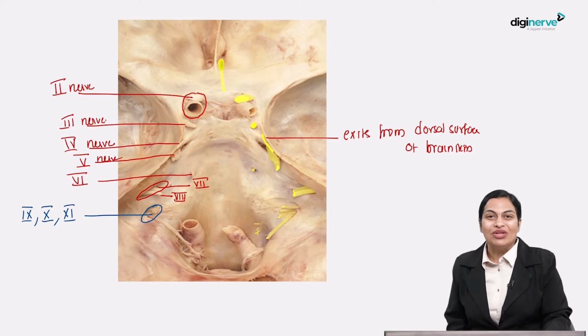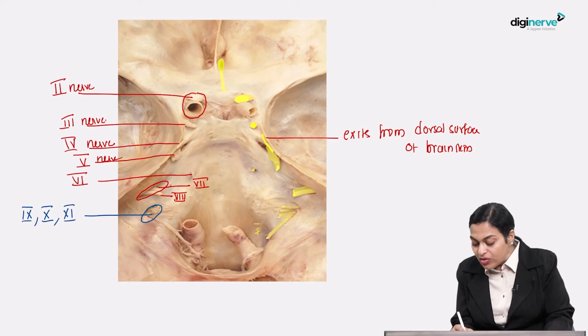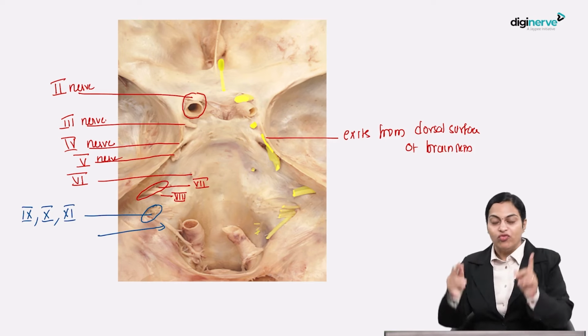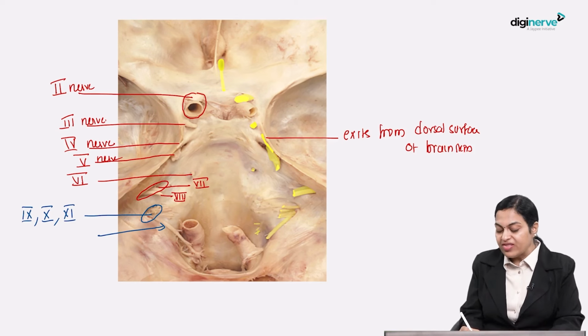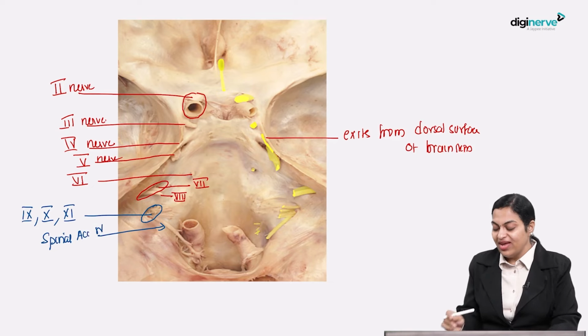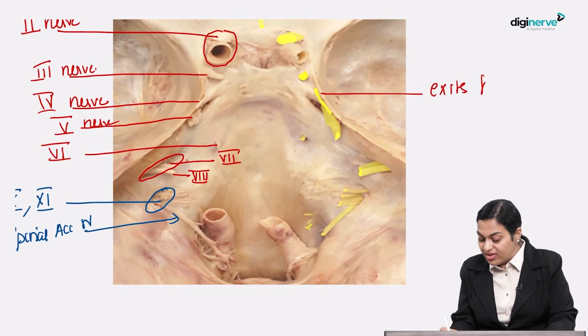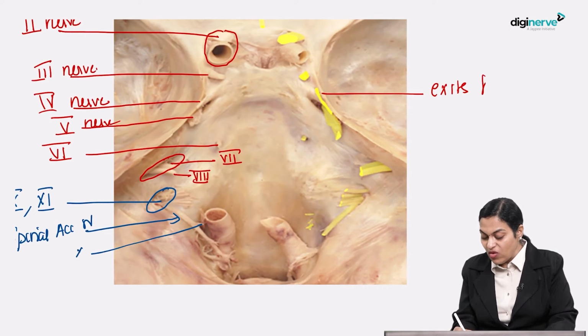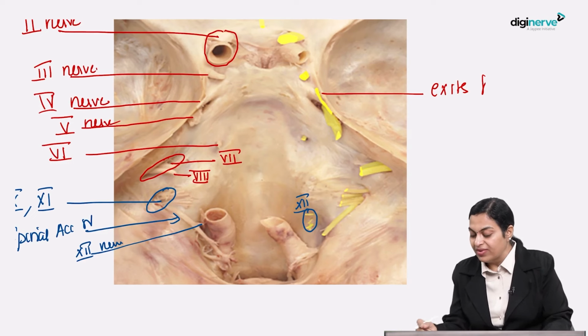What are the two components of the accessory nerve? Cranial and spinal. This root, can you see here, coming through the foramen magnum and joining some nerve in the jugular foramen, is the spinal accessory nerve, right? And over here, these are the rootlets of the 12th nerve, the hypoglossal nerve in the hypoglossal canal, right?